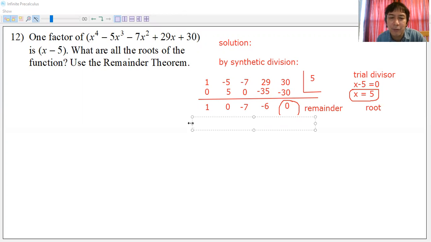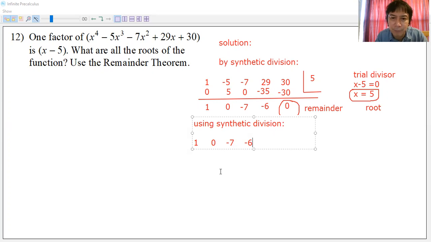So using synthetic division again, we shall use now 1, 0, -7, -6. Starting with a 0 added in again. Our next trial divisor will come from the -6.